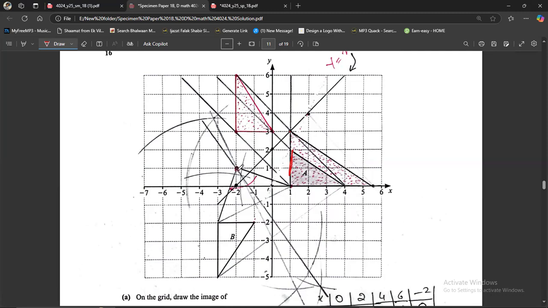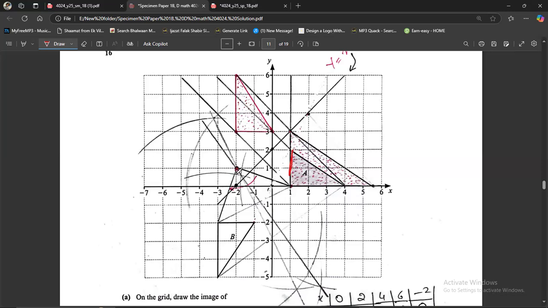So I join these. That's the perpendicular bisector of the AB. Then I will draw the perpendicular bisector of these 2 points. And you can see the perpendicular bisectors intersect each other on this point. So where the perpendicular bisectors intersect each other, which is here -2, 1, that is the center of the rotation.